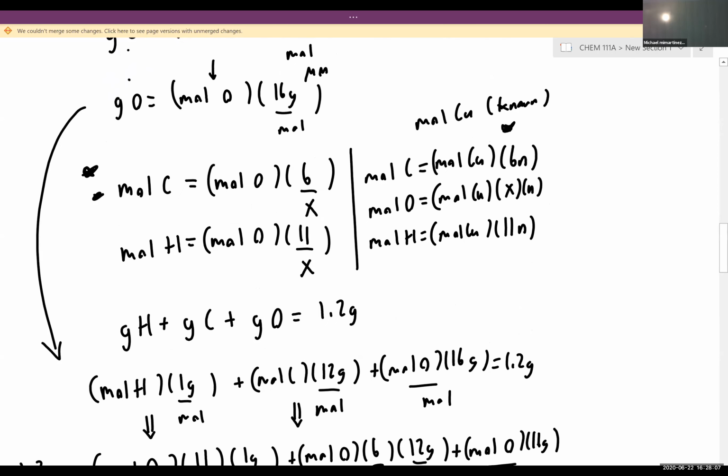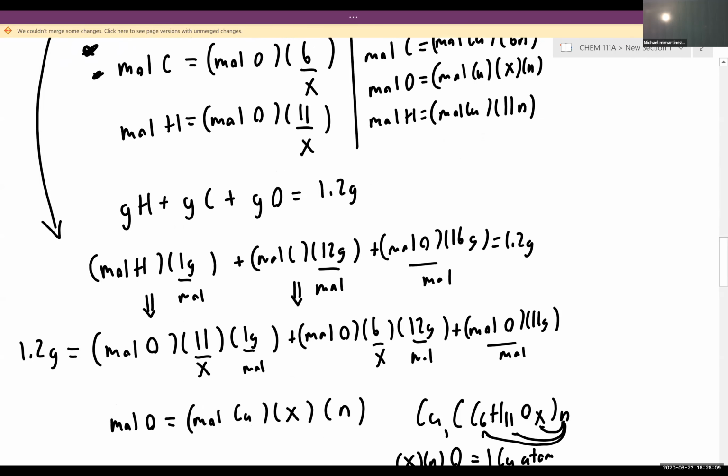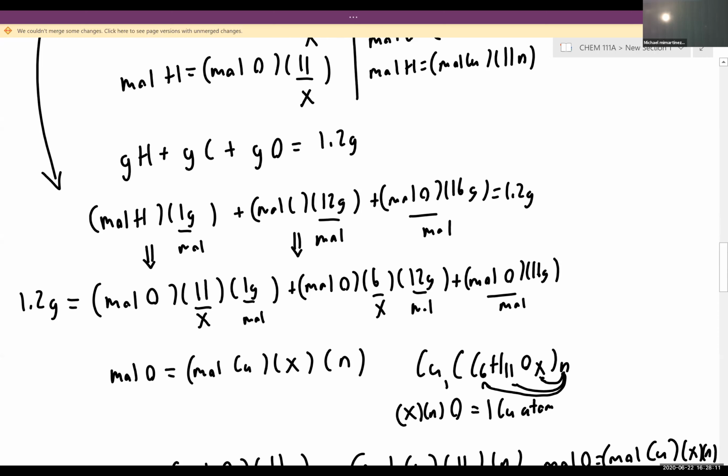Now, we can write out an expansive equation showing that our total mass is the sum of the mass of each of our elements.